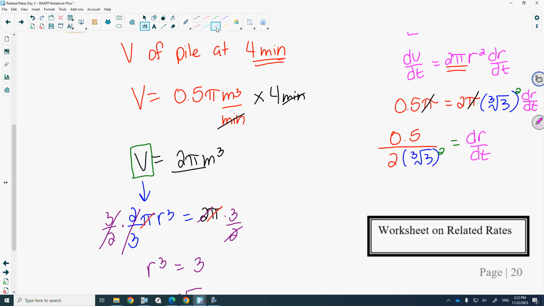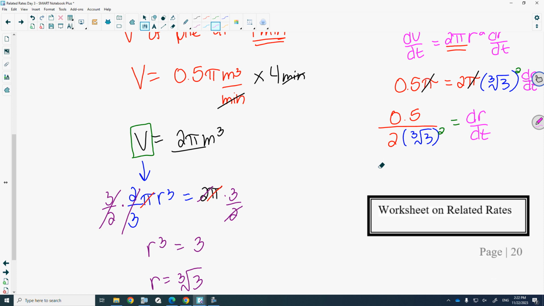Now, one other thing I could clean up in here, if I wanted, is this 0.5 divided by 2. Let's just see how this would clean up. 0.5 is 1/2, divided by 2. What would it be? It'd be 1/4.